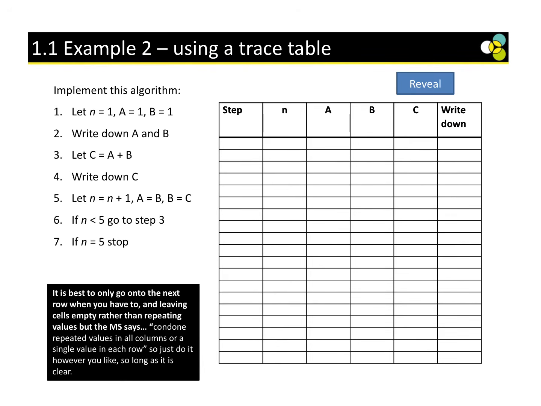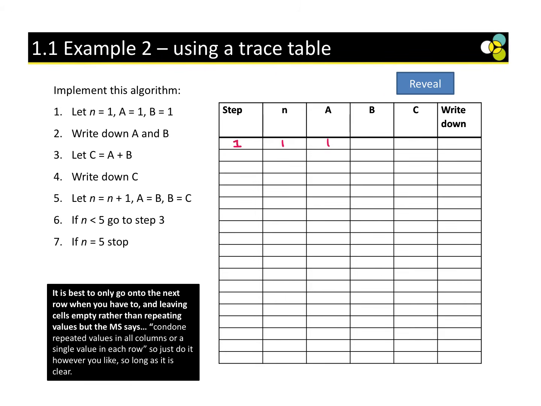So, sometimes we have to use what's called a trace table, and here we have our trace table. Let's get a nice colour pen. Step 1: let n equal 1, a equal 1, b equal 1. Brilliant.